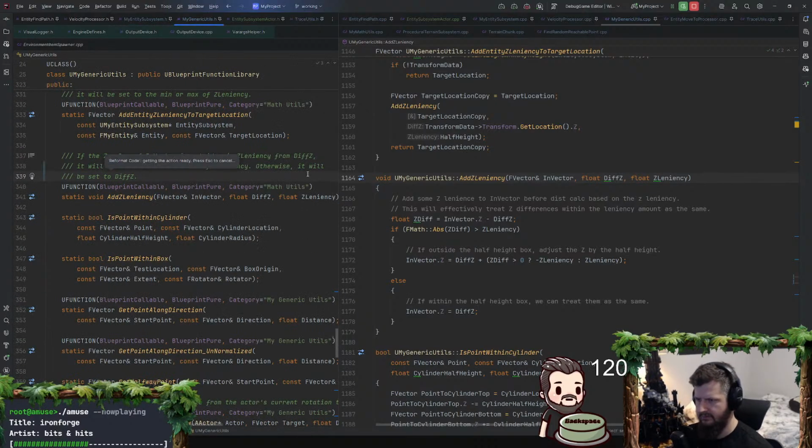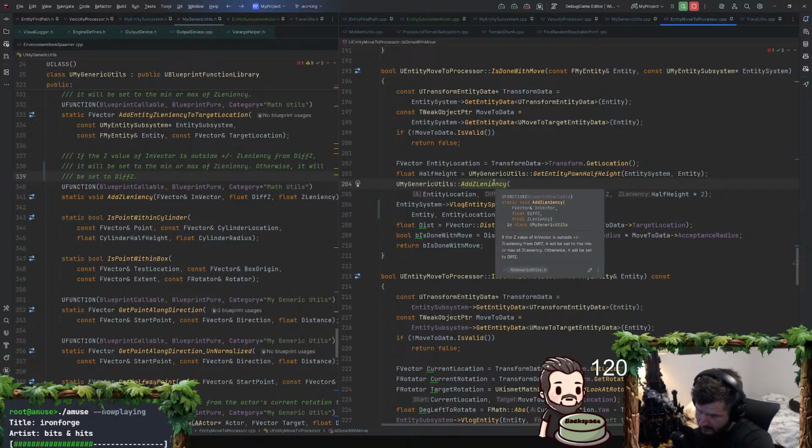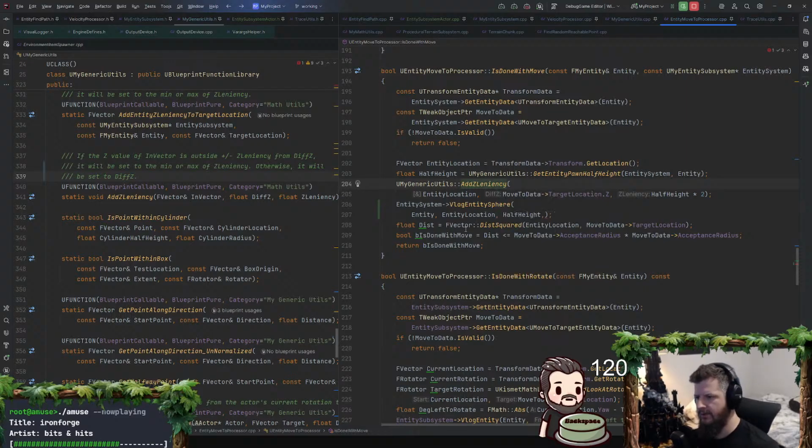Otherwise, it would be set to diff Z. That does the logic of what I'm thinking, right? If the Z value is outside plus or minus Z leniency from diff Z, it will be set to the min or max of Z leniency. Otherwise, it will be set to diff Z. Yeah, so we should be setting it to diff Z, I'm pretty sure.